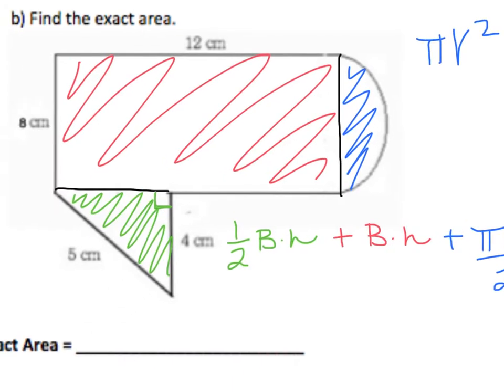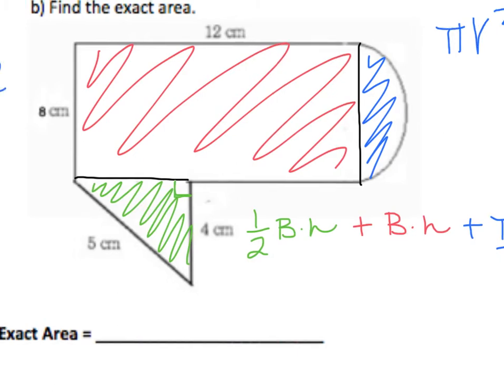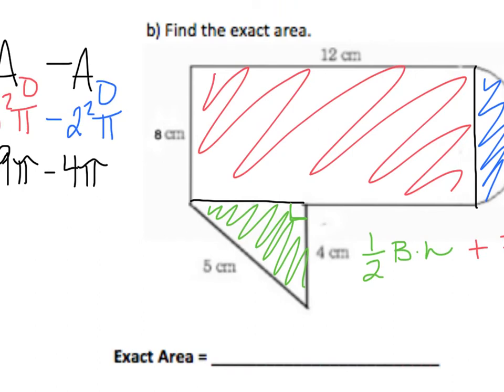Alright, so now let's focus on that triangle. We need the base and the height. And remember, the base and the height are what's perpendicular. So I have 4 and 5, but those sides aren't perpendicular. So I need to find this last side over here. How I do that is I do the Pythagorean theorem. So I'll call it x squared plus 4 squared equals 5 squared.